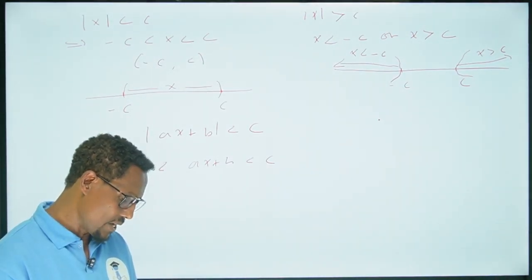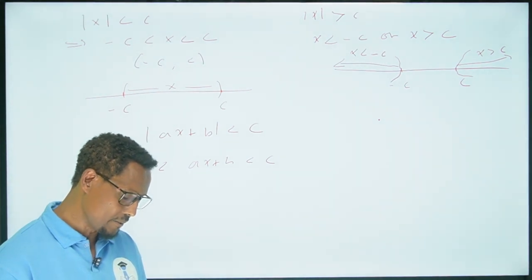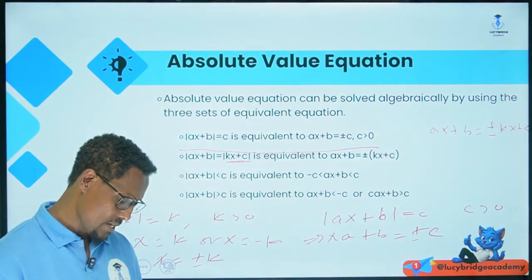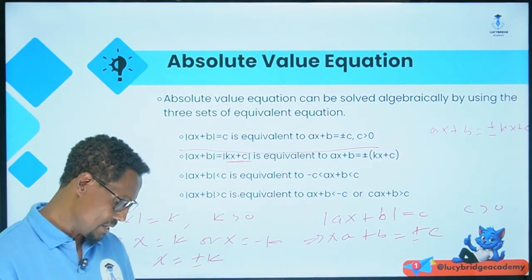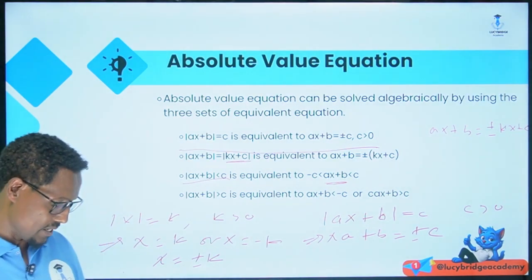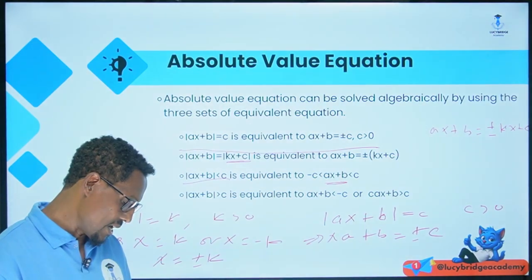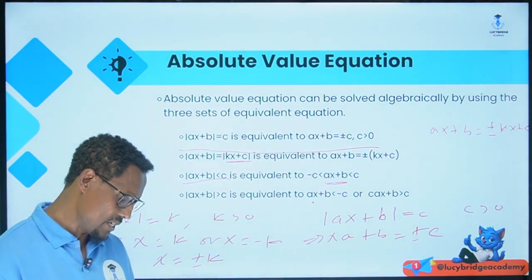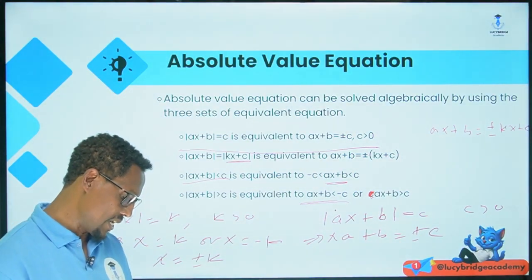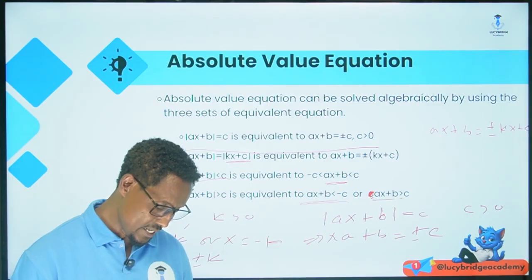Likewise, the absolute value of ax plus b greater than c means ax plus b is greater than c, or ax plus b is less than minus c. It is outside the interval between minus c and c.